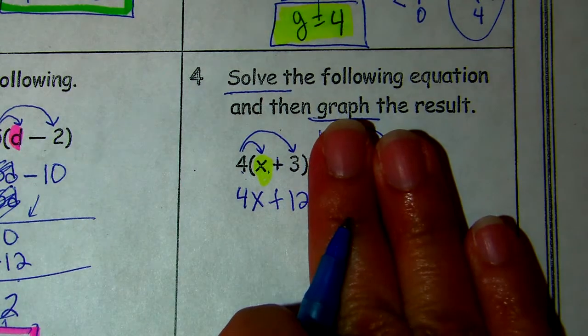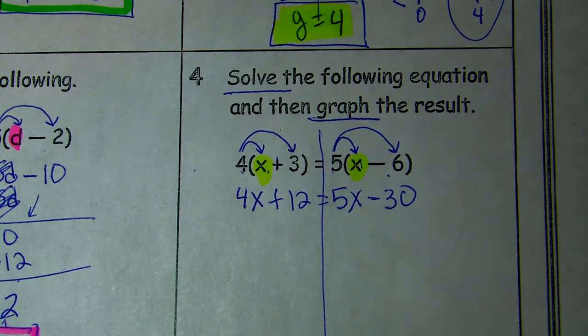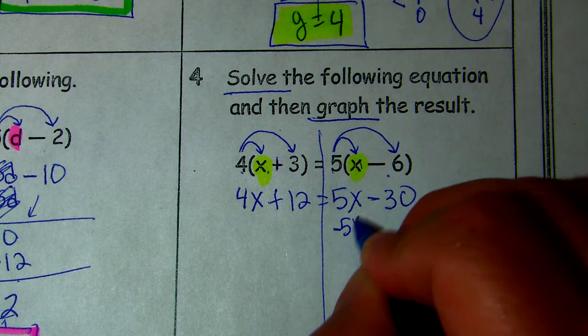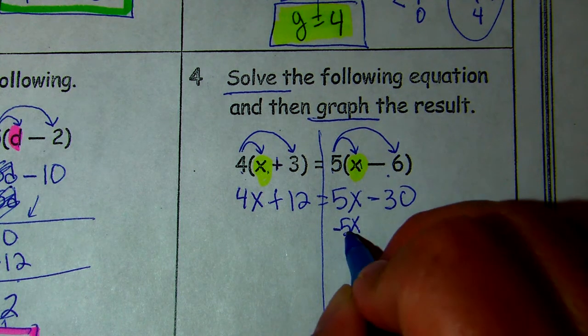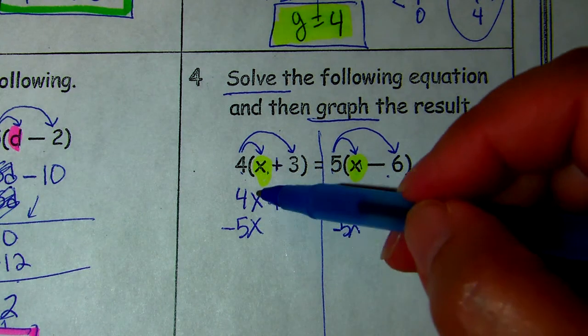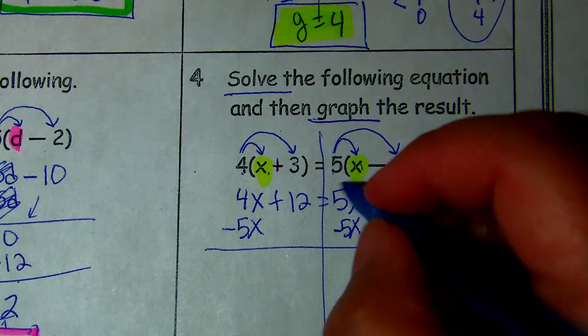We don't need to combine here. We don't need to combine on this side. So I'm just going to start moving letters to the left, numbers to the right. I don't want this one right here, so I'm going to subtract. But if I subtract here, I subtract also over here. Notice that I put x's with x's. I did not put it underneath the 12.